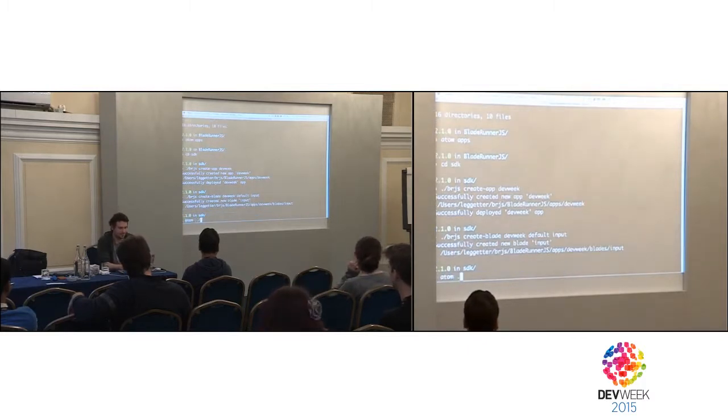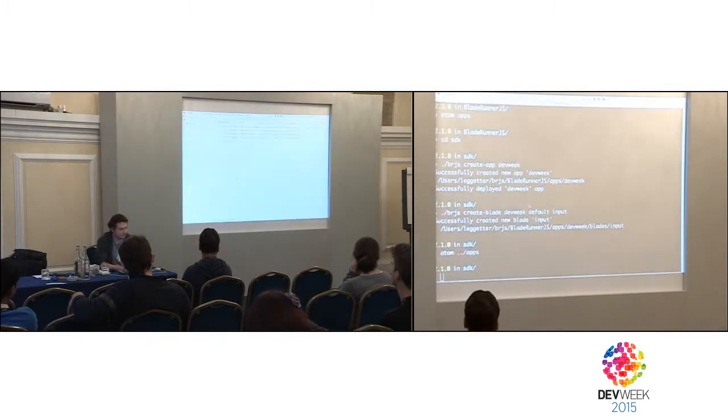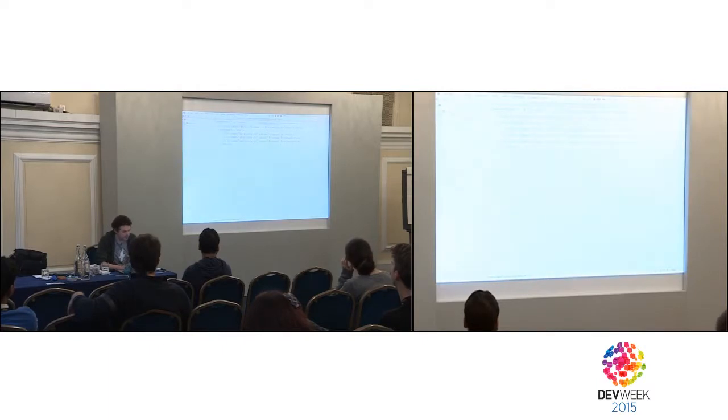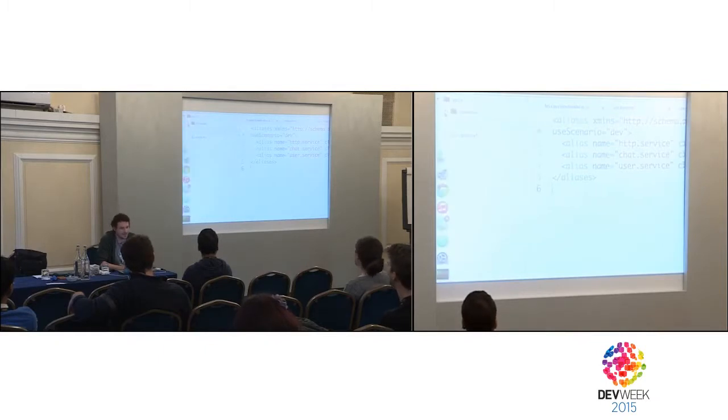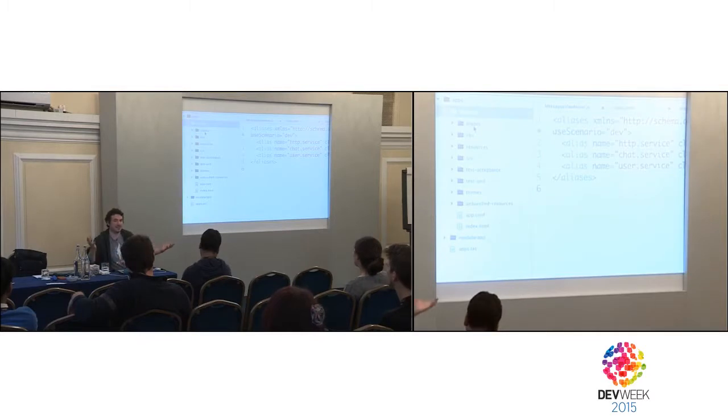And then I'll open up apps. I know this doesn't show particularly well. So there's an apps folder using this tool, and in DevWeek we get this basic application scaffolded, and also the blade that we created. So here I've got an input blade. I just called it input because the example that I'll show later is more like a chat application.